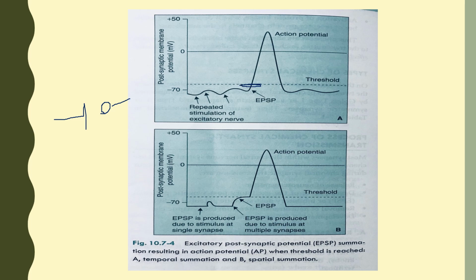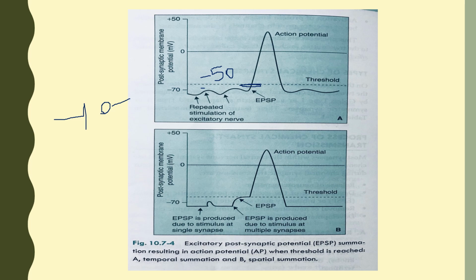Like the resting membrane potential of the neuron is minus 70 millivolt. If there is only one stimulation, it will make it either minus 72 or minus 73. And suppose this threshold we are talking about over here is, say, minus 50. So if we stimulate this with one impulse, and that one impulse generates an EPSP of 5 millivolt, then it will go from minus 70 to minus 65, but it will not reach minus 50, that is the threshold.